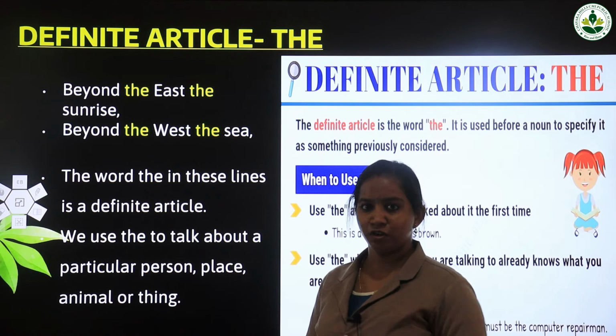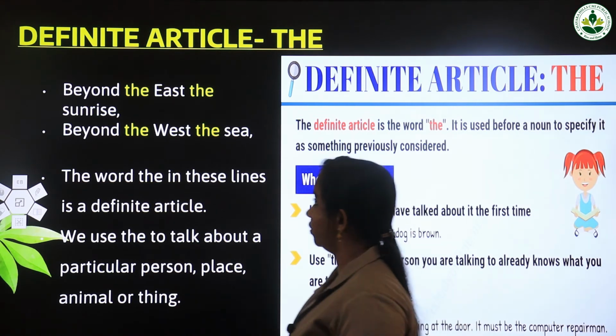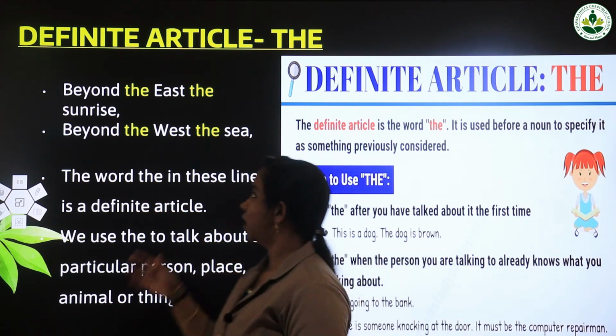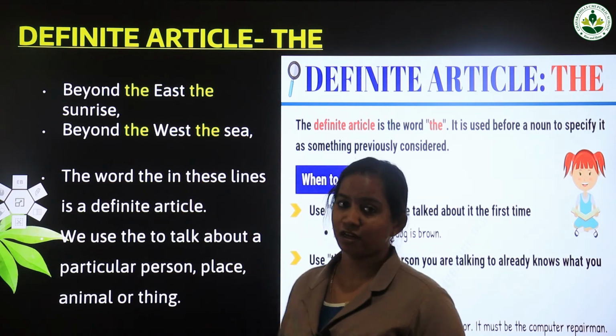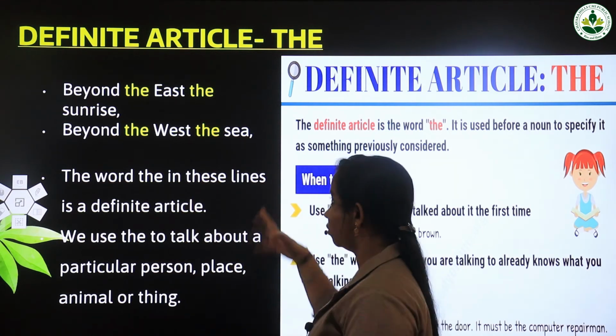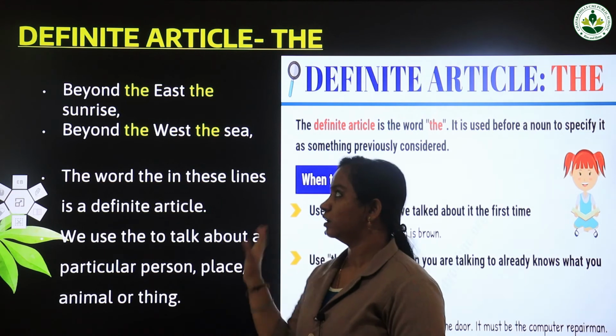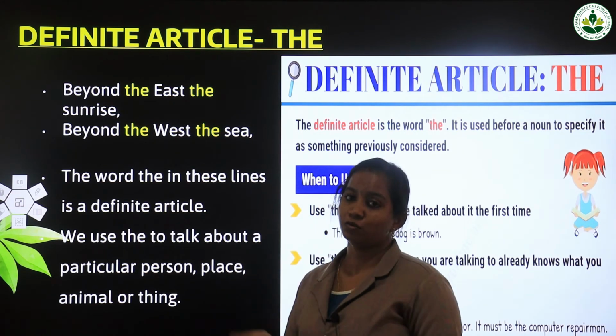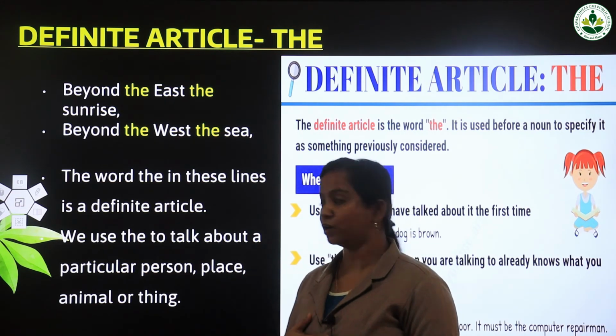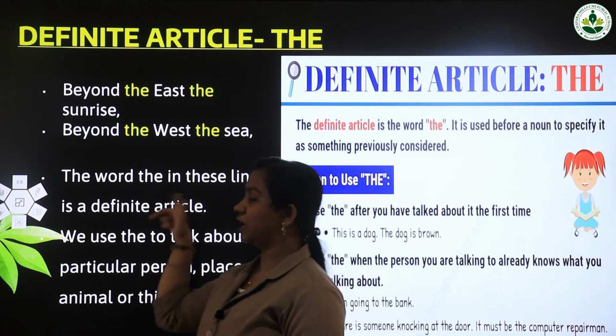Because east, we know that there is only one east, and we know sunrise, west, and sea. We are specific about these nouns. We know what these nouns are. So before nouns that we know are specific, or that we are sure about, we will use article the.